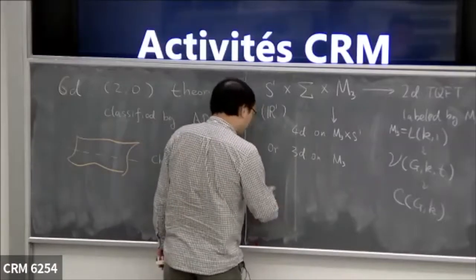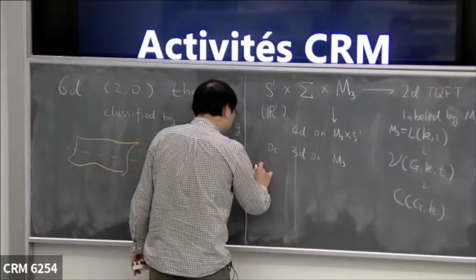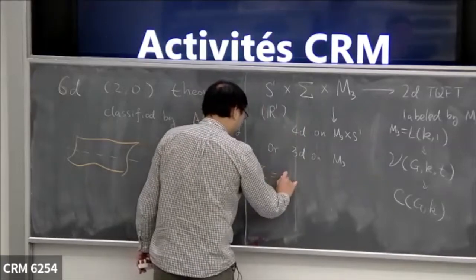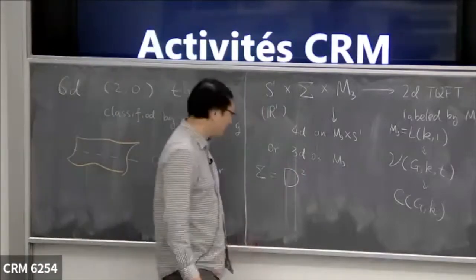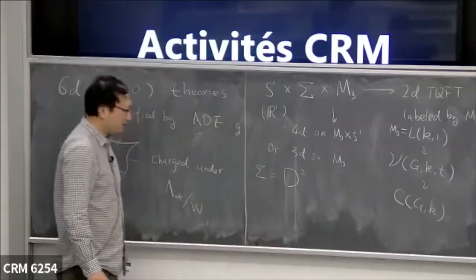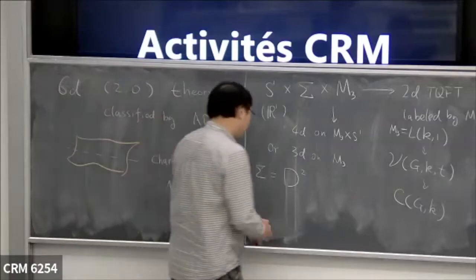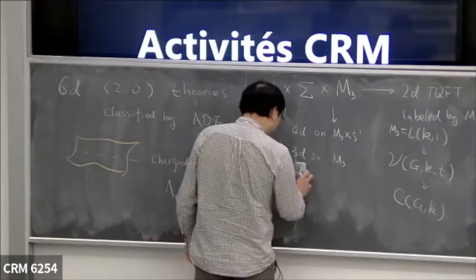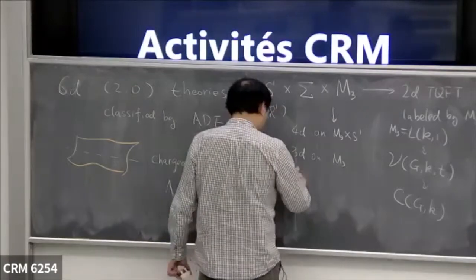What I mentioned last time is that if I take sigma to be a disk, then we can reproduce the hat. So let me just say a bit more of that. Instead of really taking this to be a disk, we can actually just take this to be R2. That's slightly simpler.